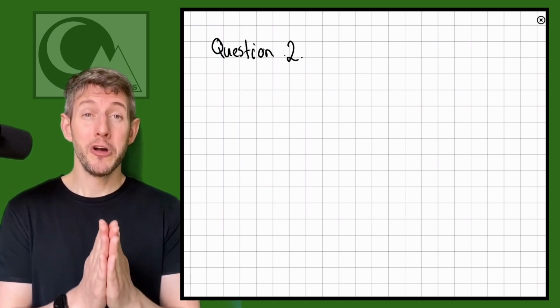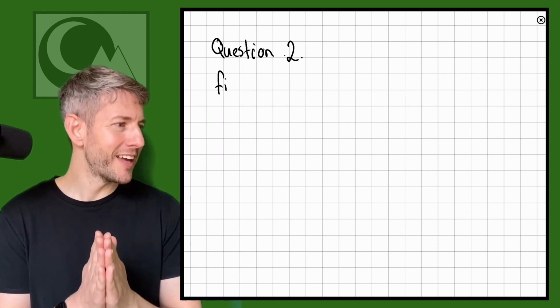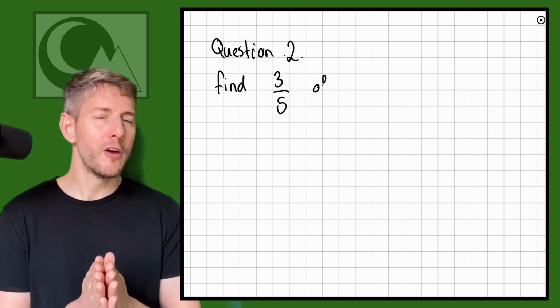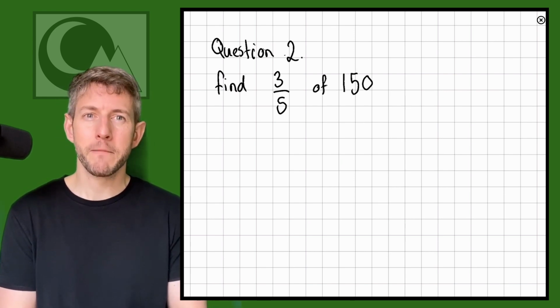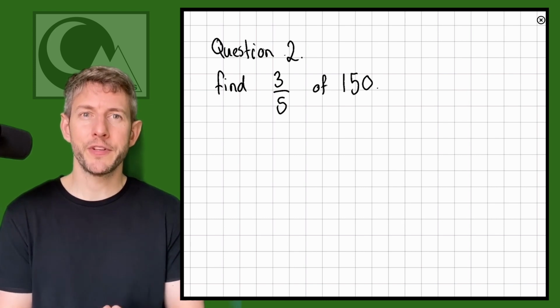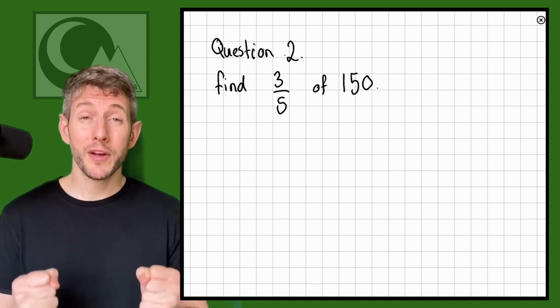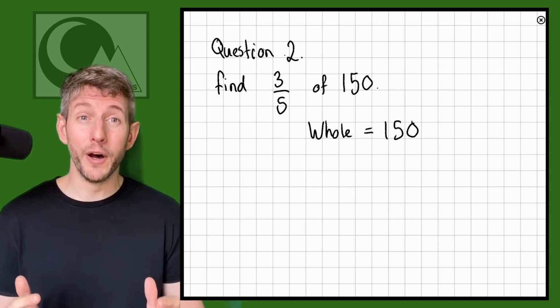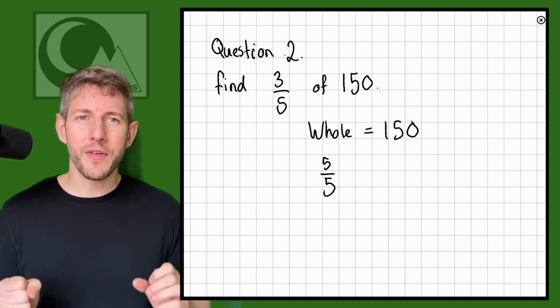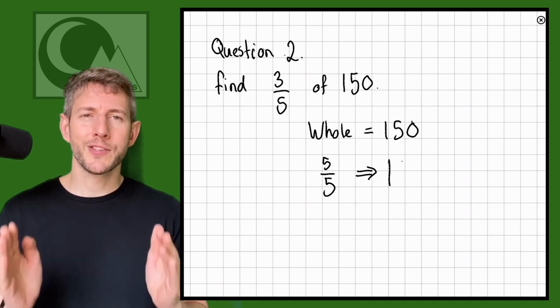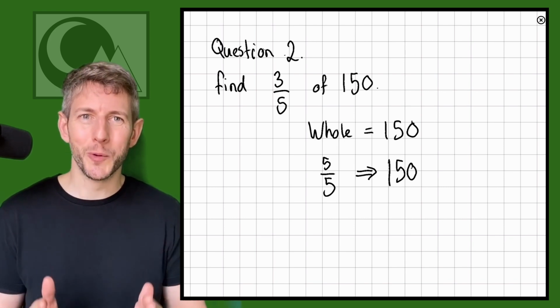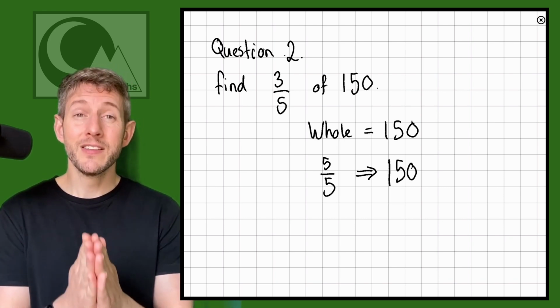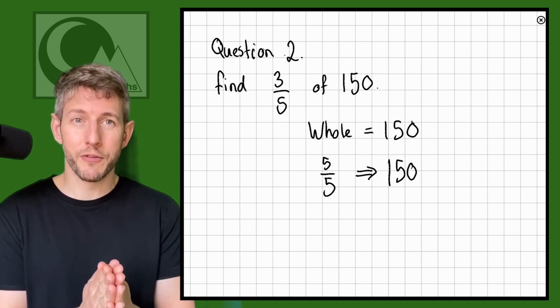Right, let's have another look. Question 2. Find 3/5 of 150. So our whole number is 150. That is 5/5, so 5/5 equals 150.